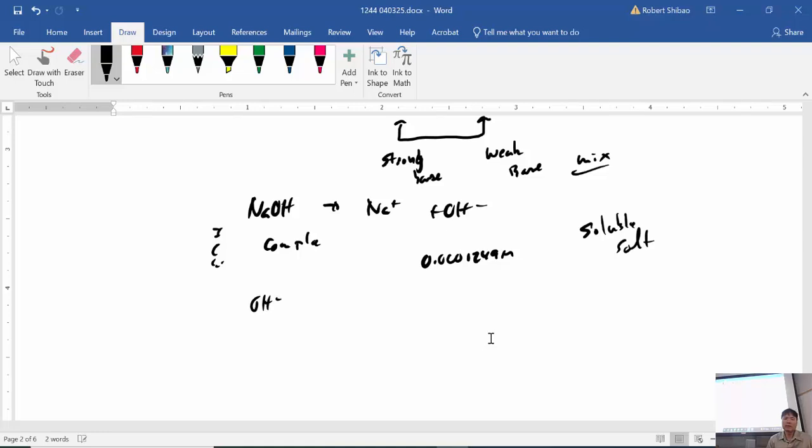So normally I would skip this step too because hydroxide hydrolyzes water completely. But what happens when it hydrolyzes water? So this is strong base. What happens is we form water and what's the other product of this?